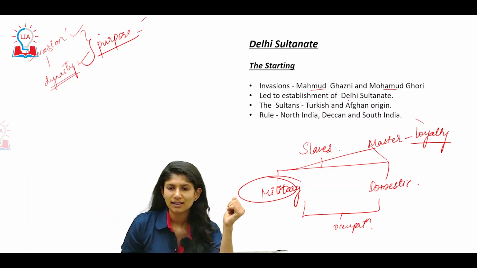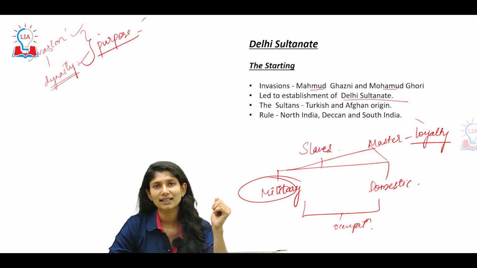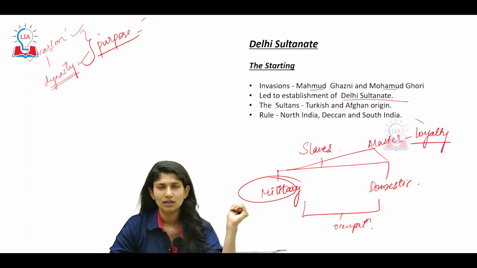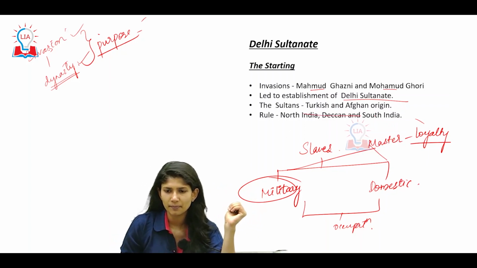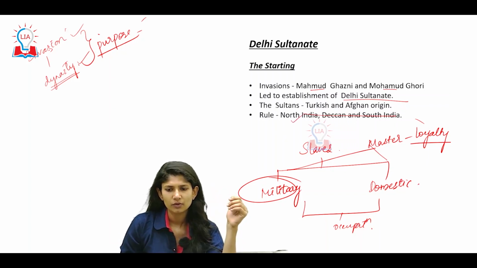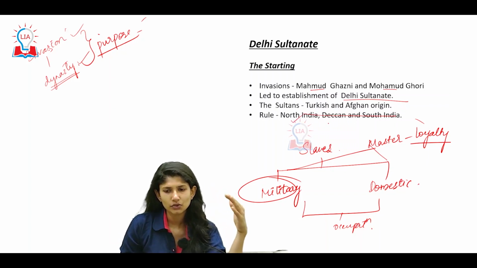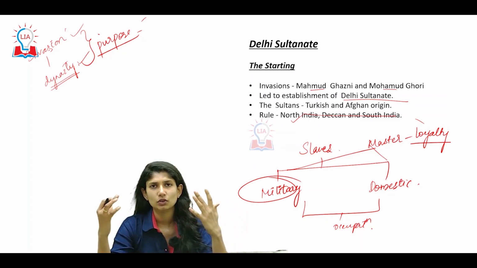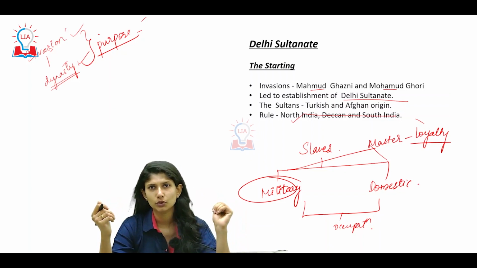This led to the establishment of the Delhi Sultan or Delhi Sultanate. They were largely Afghan or Turkish in origin, that is, the members of your Delhi Sultanate. Initially this rule was confined to northern India, then proceeded down to the Deccan, and towards the end, if you look at the consolidation, it had reached even the southern portion of India.